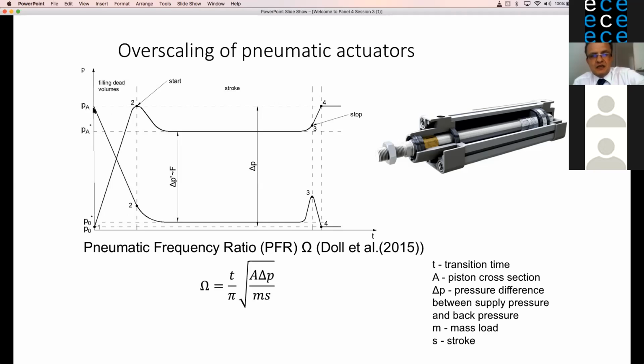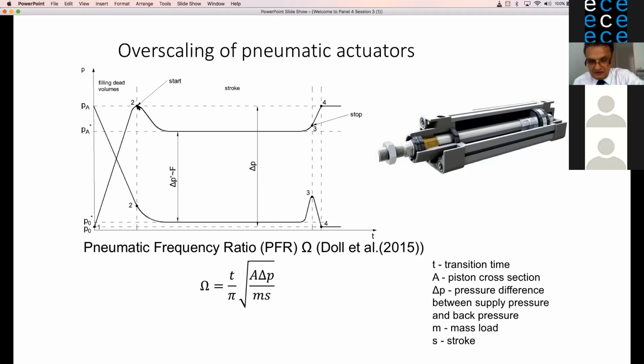If we release the chamber which was filled previously, we release the pressure in this chamber down to atmospheric pressure. Next, if we fill the other chamber, we observe that the dynamics is like this: at the beginning, you see the point, this is the maximal feeding pressure here. And after that we observe the moving of the piston.